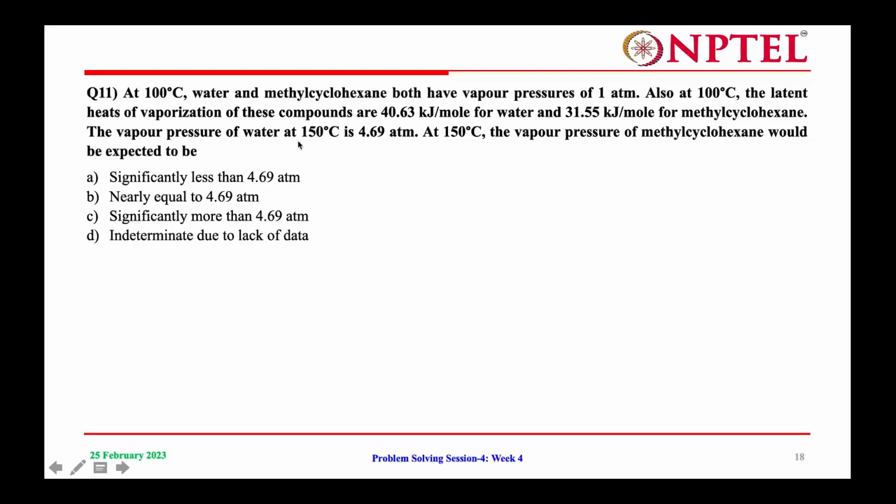The vapor pressure of water at 150 degrees Celsius is 4.69 atm, and at 150 degrees Celsius the vapor pressure of methyl cyclohexane will be expected to be... Here are the options. Try to solve it using the Clapeyron equation.